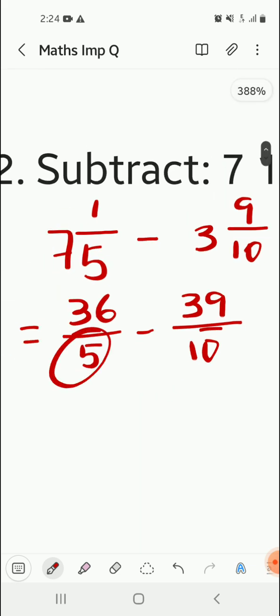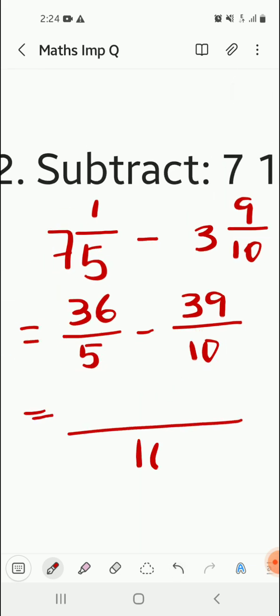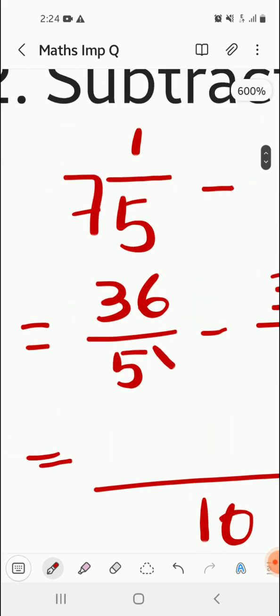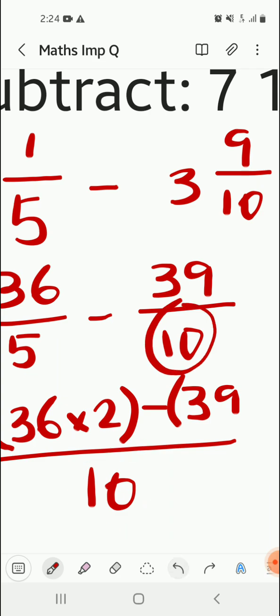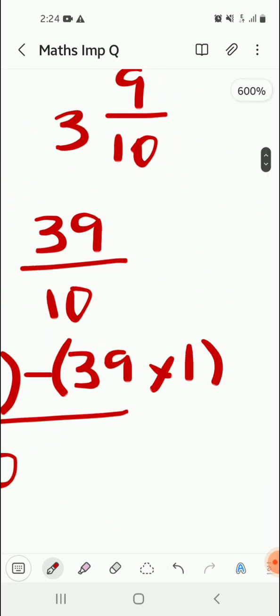Now LCM of 5 and 10 is 10. So 5 into 2 is 10. So multiply the same in the numerator. So this becomes 36 into 2 minus 39 into 1, because here there is 10 and here also there is 10. So into 1.